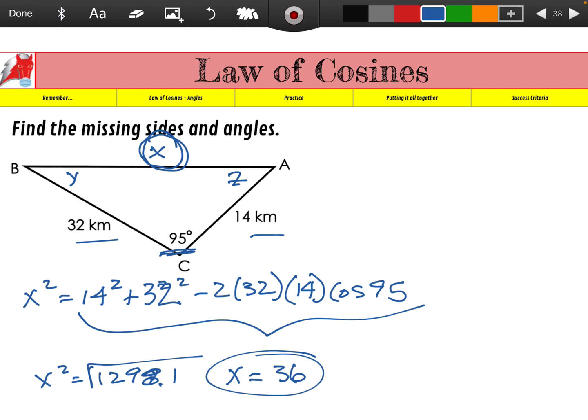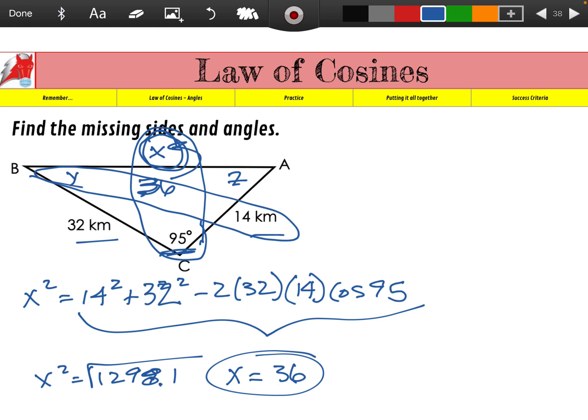Well, now that I have this 36 for x, now I've got this relationship, and now I can use law of sines. And I'm going to solve for y here. So now I can go sine 95 over 36 equals sine of y over 14.